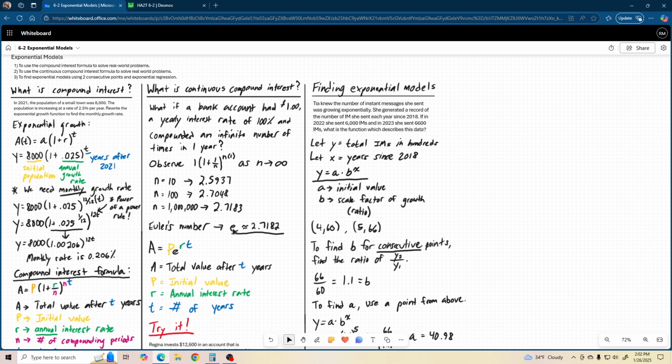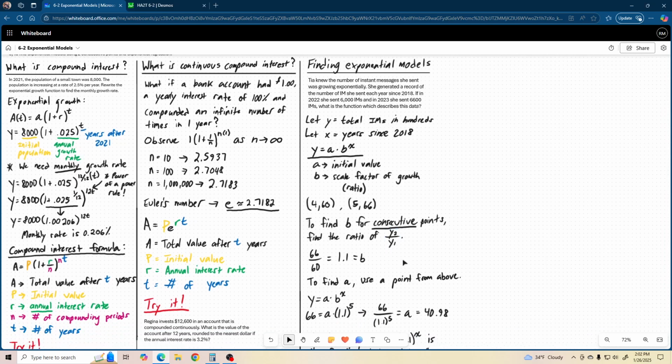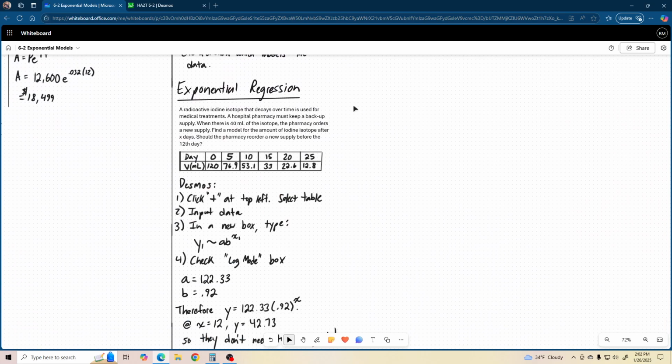And this is a new base that we can raise everything to for compounding continuously. And then we talked about finding exponential models. In other words, finding the rule, setting up the formula for y equals a times b to the x. And we did that for if we have consecutive points without using a calculator, and then we used exponential regression on a calculator to help us when we have multiple points.